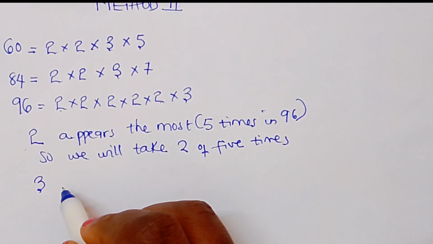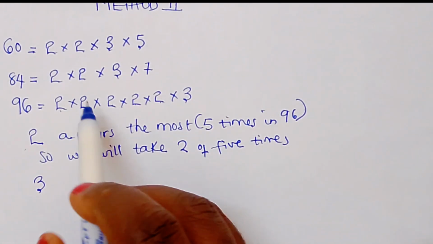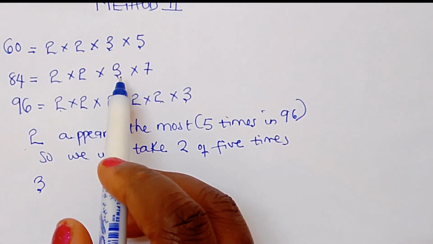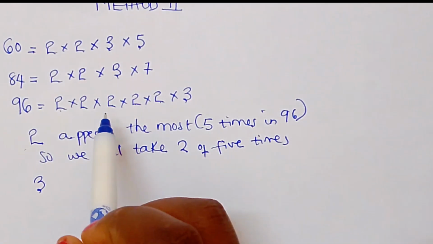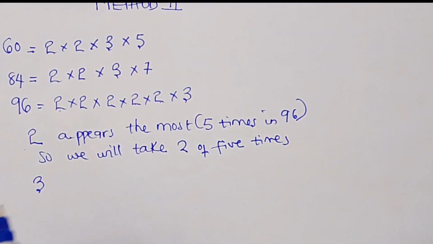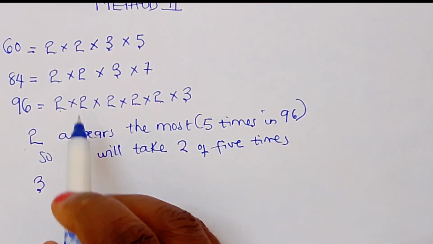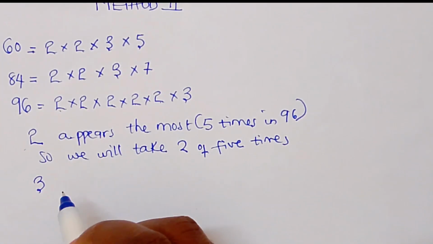So let's go to 3. How many times does 3 appear the most? Let's see. 3 appears in 60, it appears in 84, it appears in 96. So it appears in all the numbers, so we'll just take one of the 3.